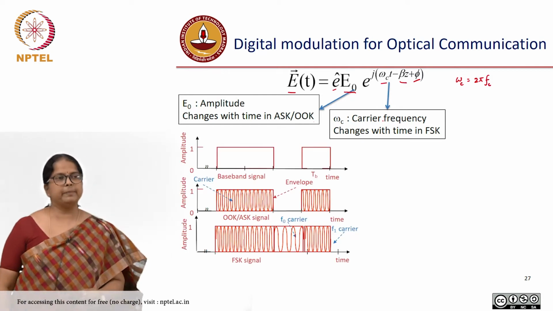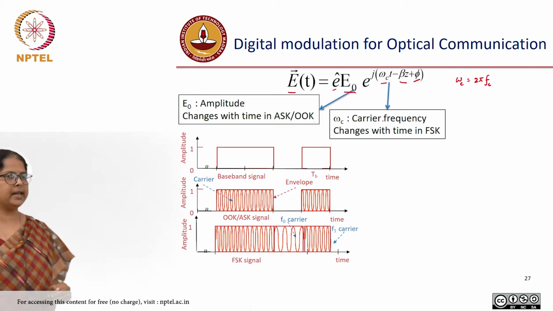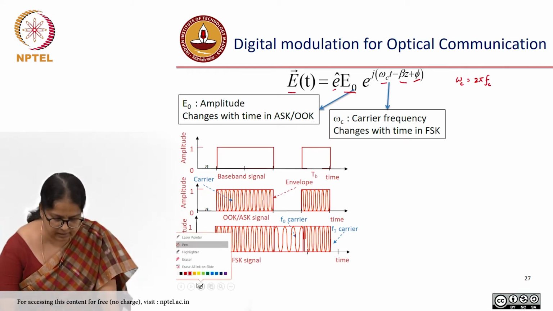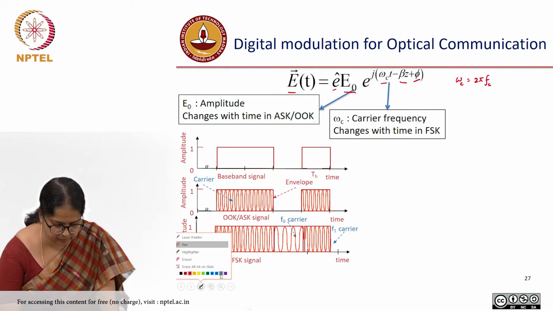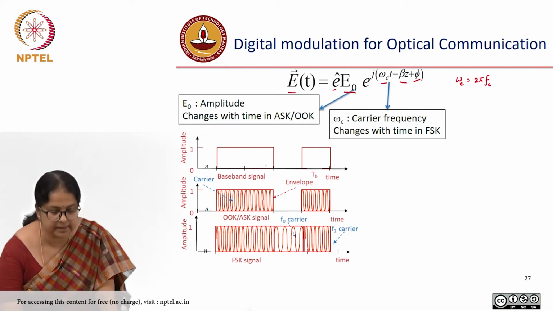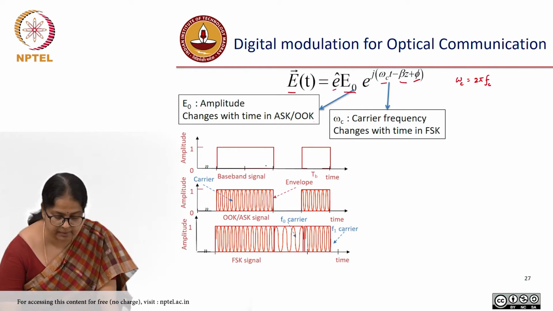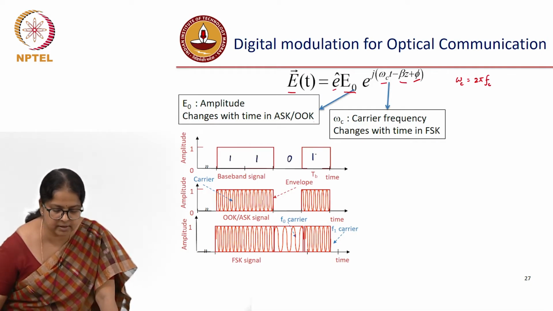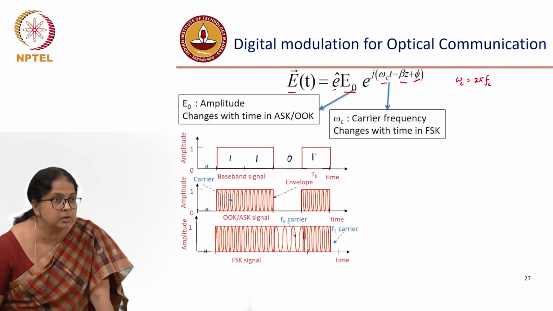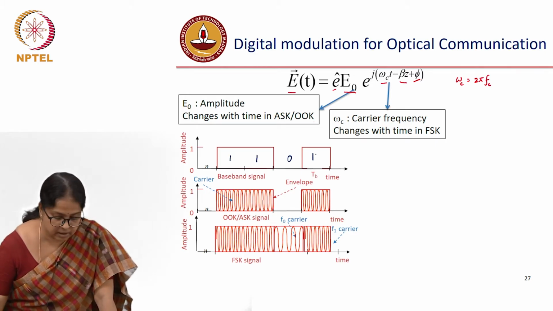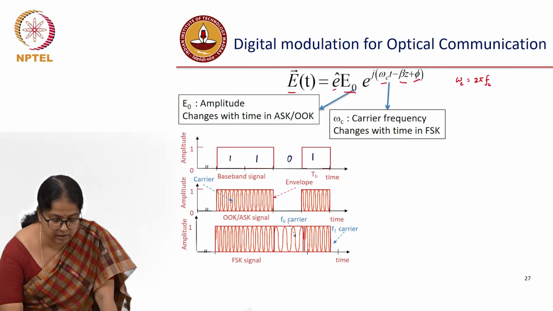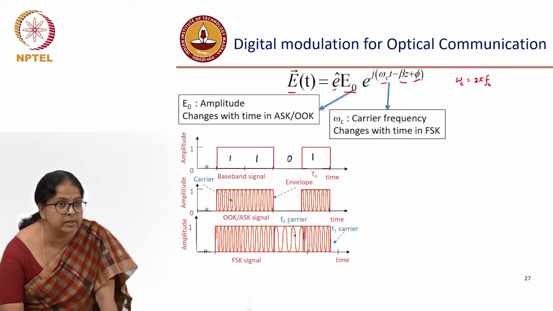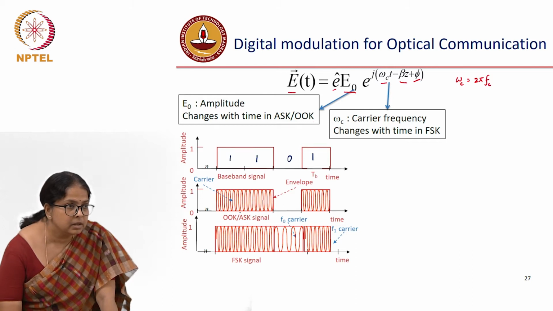So, this is just to represent what ASK or FSK mean. See, for instance, the baseband signal. Let us say the baseband signal is 1, 0, 1. This is what you want to transmit, this is what you want to modulate, and your carrier frequency right now, what is the frequency of this? The moment you say we are talking about optical communication, this frequency is terahertz, several terahertz.